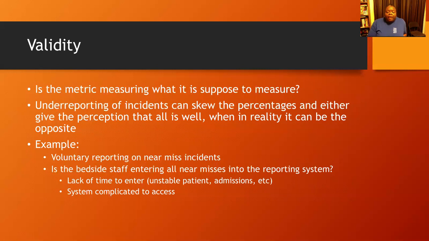Also, if you have an occurrence reporting system that the staff is to use to report these near misses, and like I said again, they lacked the time to enter it. They had an unstable patient, they were getting admissions, were understaffed, or the system is too complicated to access, then your data will be skewed.